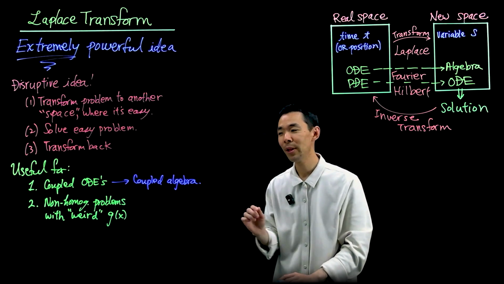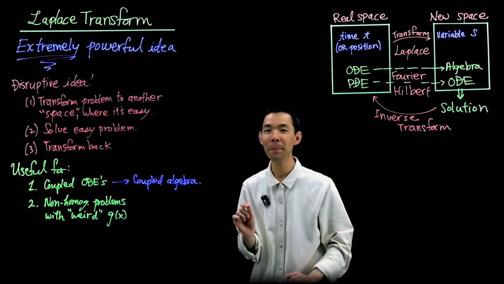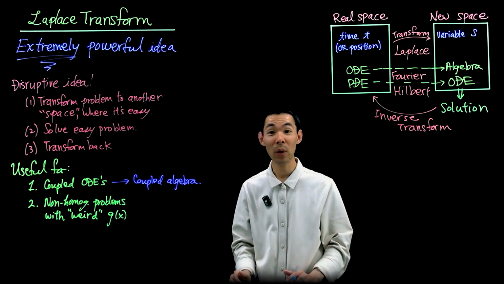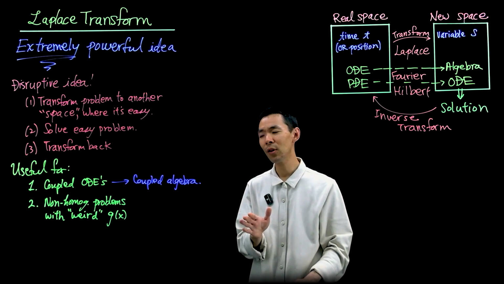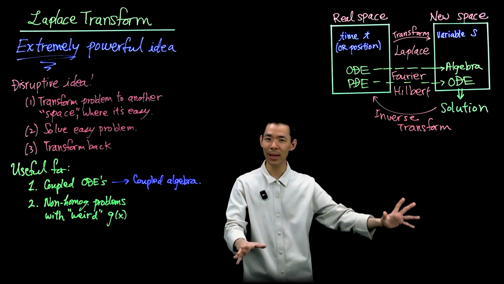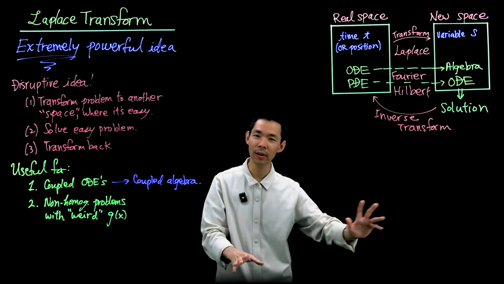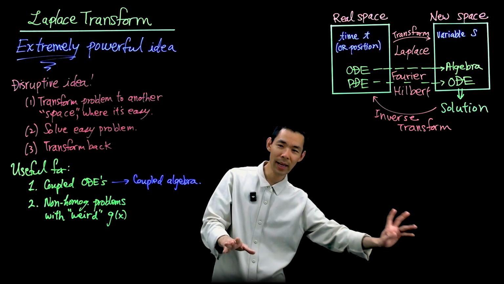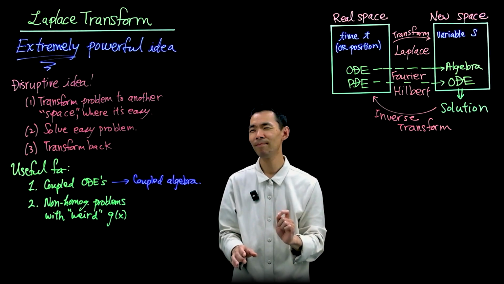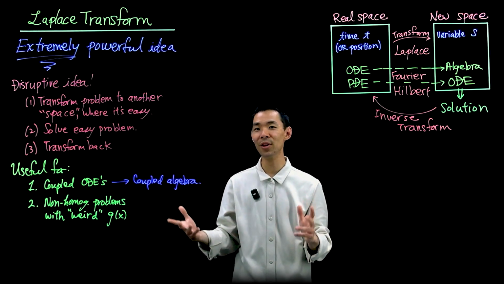Another case in which Laplace transform is super useful is when you have to solve a non-homogeneous differential equation where your right-hand side term g of x is weird. Remember that tree diagram I made? And there was that one case over here on the middle right-hand side where I said, if your g of x term is weird, then Laplace transform does an amazing job.